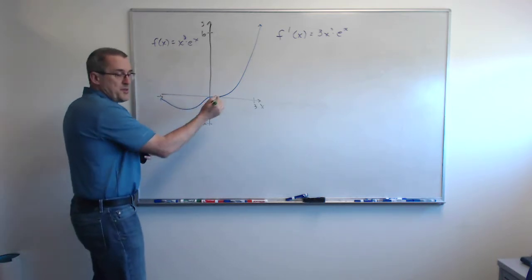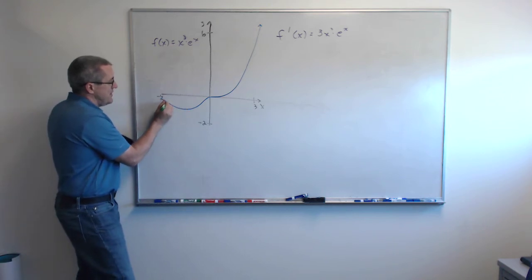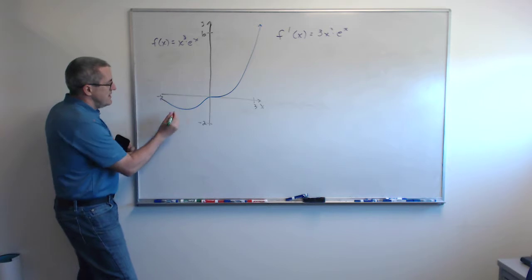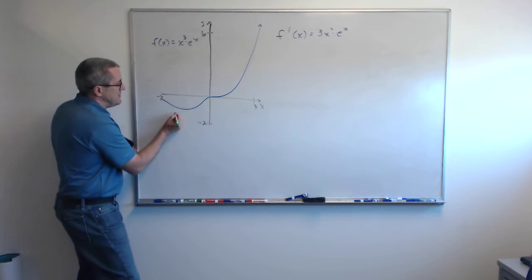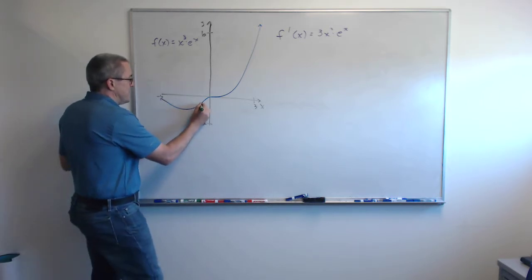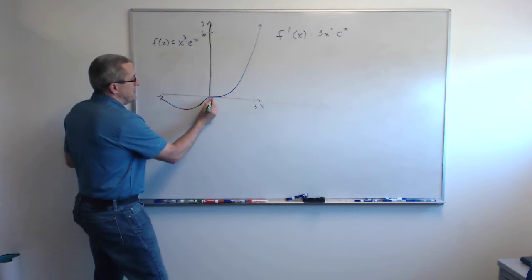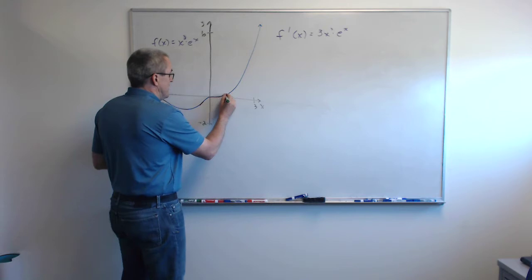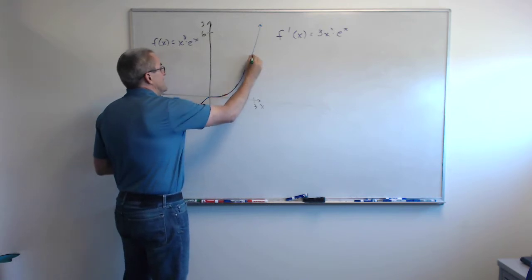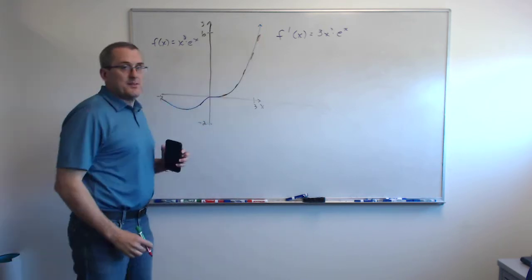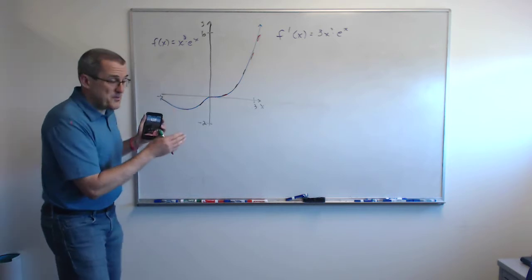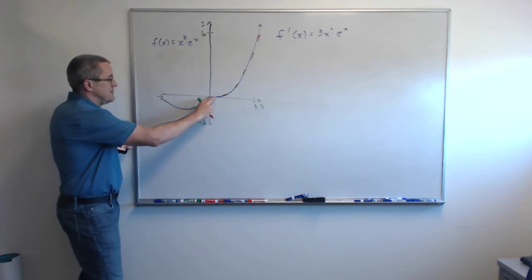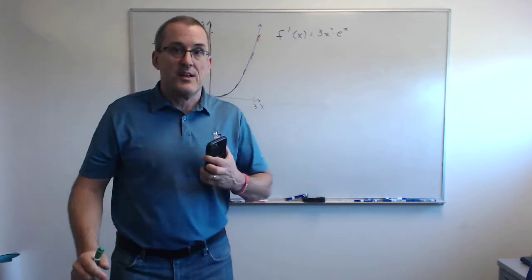As you explore this function, the derivative would be negative, then 0 right here, then positive, then back to about 0 in here, and then positive, and it just keeps getting more and more positive as we go. So I would expect a derivative graph to show negative, 0, positive, 0, positive.